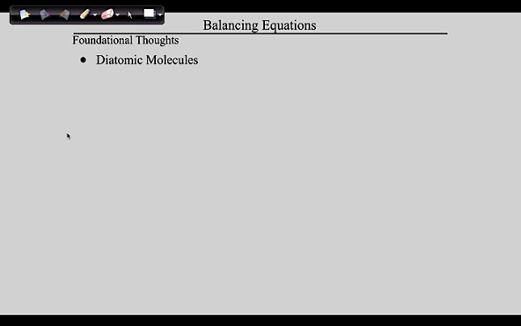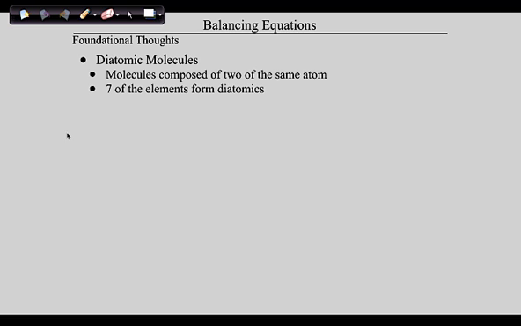And so guys, the bottom line is this. There are some elements that are so reactive that when they're by themselves, they bond together with another one of the same atom. And you already know one that does that. Which one? Oxygen. But it's not just oxygen. There are 7 of them. So guys, these are the molecules that are composed of 2 of the same atom, and they are these 7.